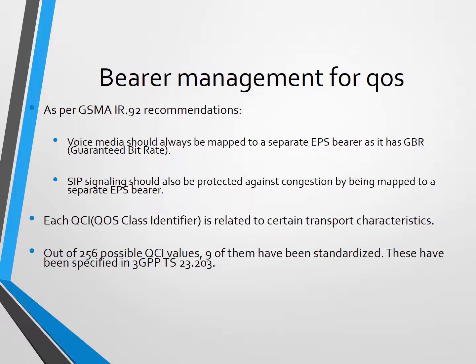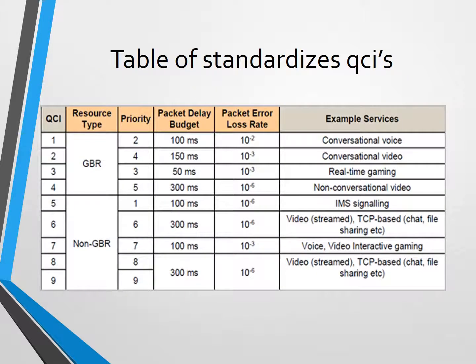Out of 256 QCI values, 9 of them have been standardized, and these have been specified by 3GPP reference document 23.203. Now this is the table I was mentioning earlier. We can see that we have a QCI type here, we have a resource type, we have a priority, and we have a delay budget. So for the guaranteed bit rate services, we have QCI 1 to QCI 4, then we have QCI 5 with the highest priority.